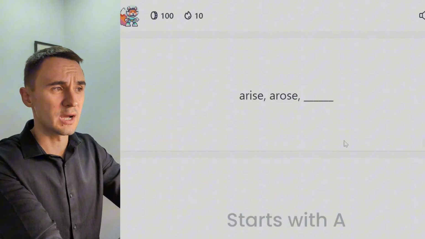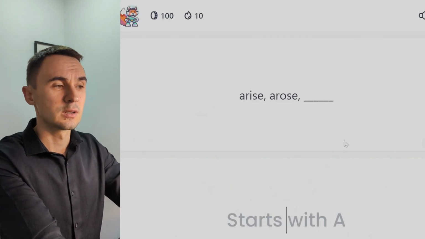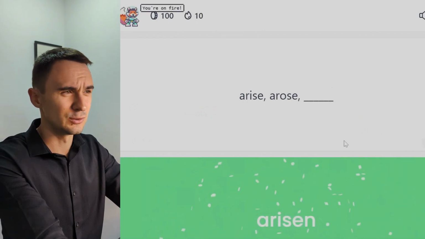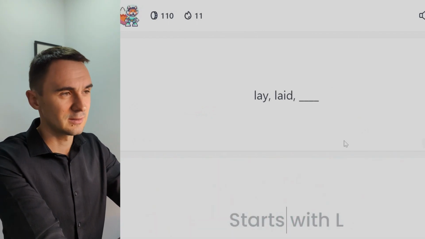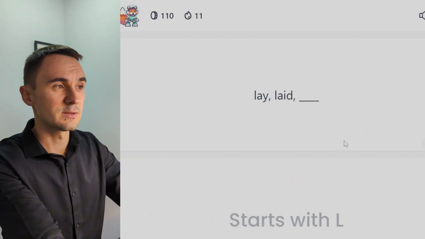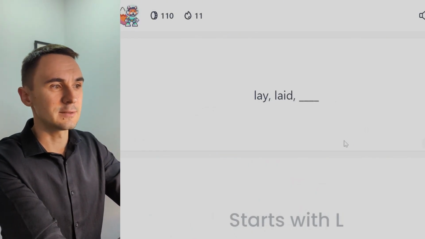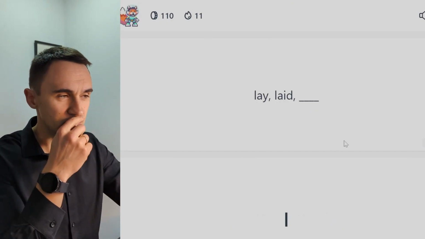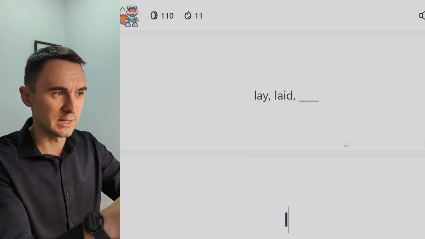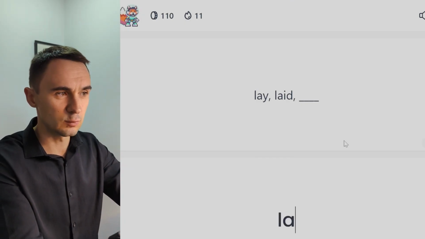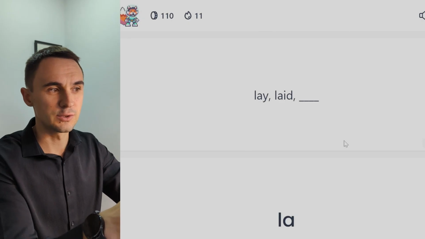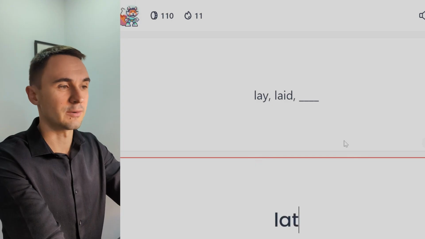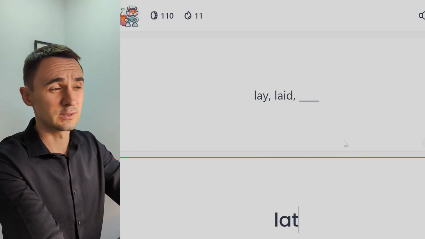How about this one? Arise, arose, arisen, if I'm not mistaken, because I don't use this word very often. It's maybe not one of the common ones. How about this one? Lay, laid, and then, by the way, if you start typing the answer, you will see that if you type the correct letter, it shows you a green color, but if I start typing a wrong letter, it will turn red.